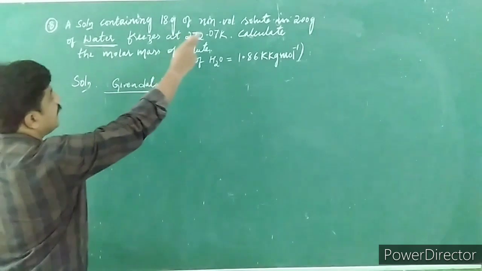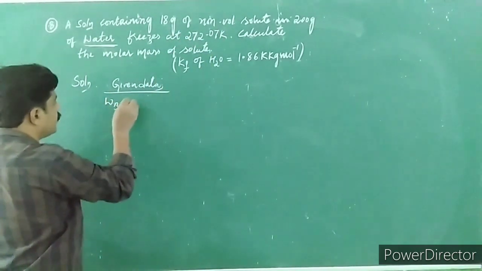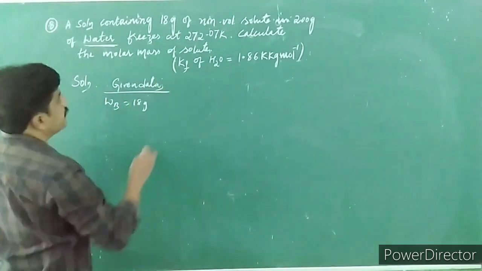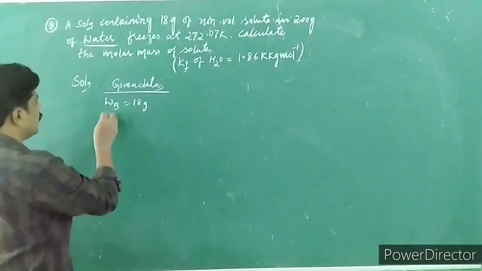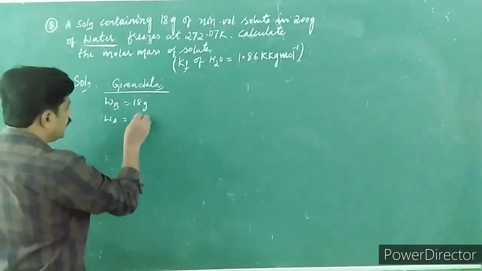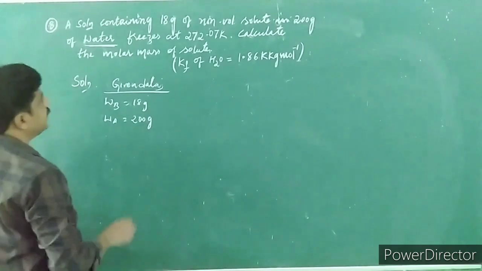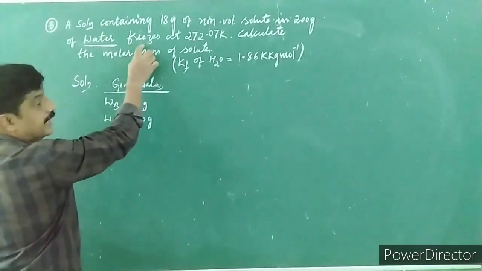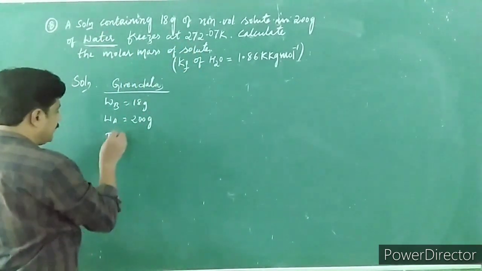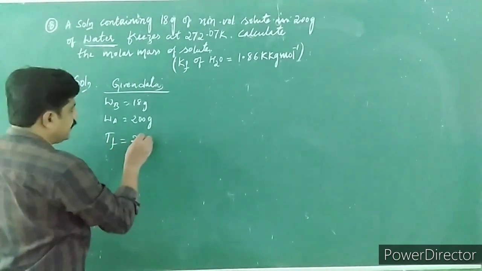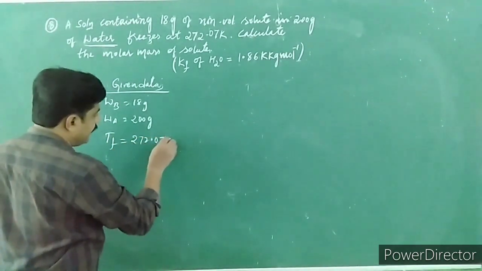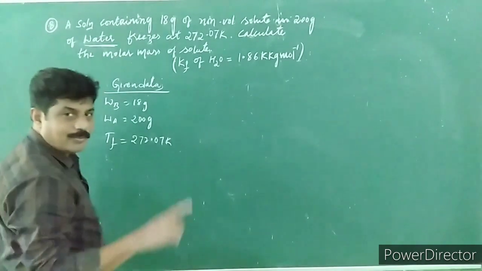Now 18 grams of non-volatile solute, that is Wb is equal to 18 grams, is dissolved in how much? 200 grams of water, that is Wa is equal to 200 grams. Is it not? And what is given here? The solution freezes at 272.07 Kelvin, that means Tf is equal to 272.07 Kelvin. Children, one clue is given.